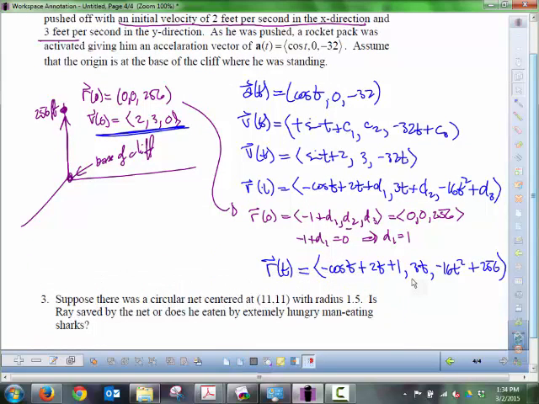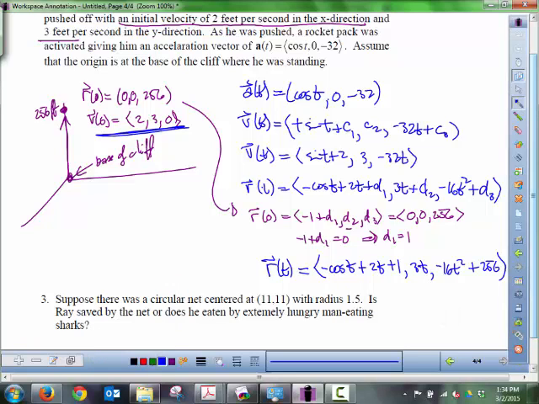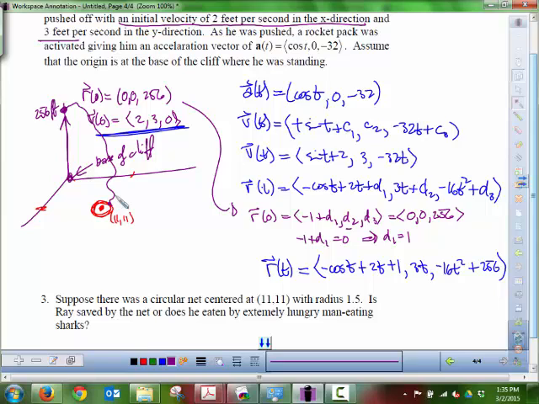So let's see what happens here. Somewhere over here, 11, 11, there's a point in the ocean, the sea, whatever. We want to know if the path that's taken ends up on the net or not on the net.